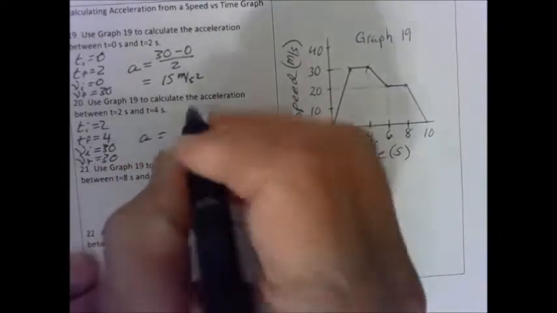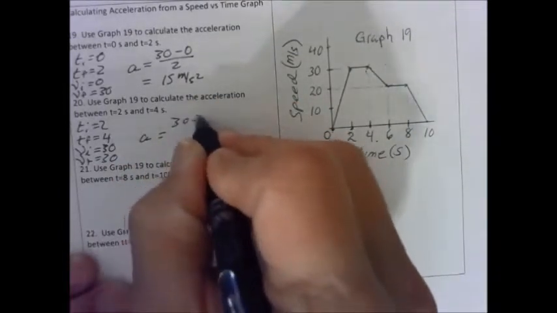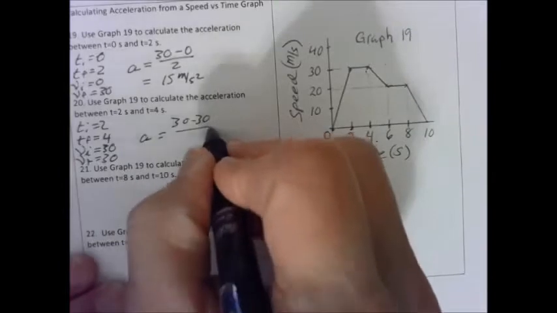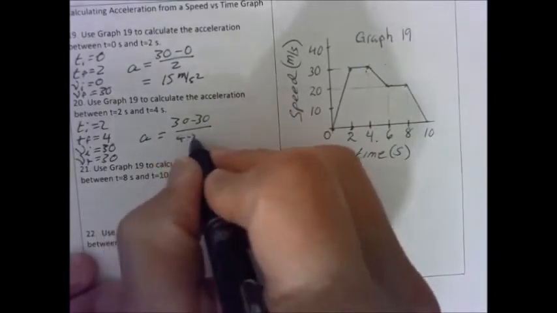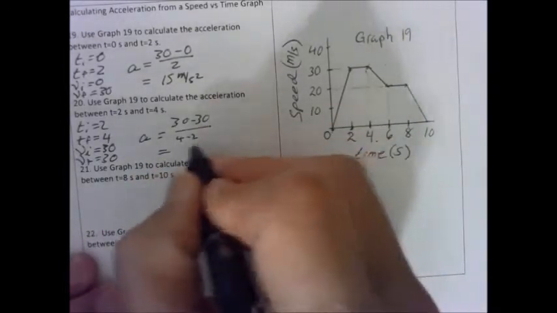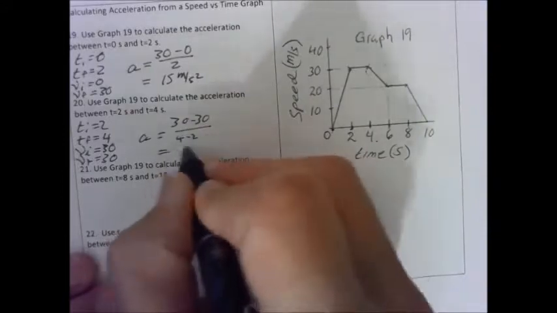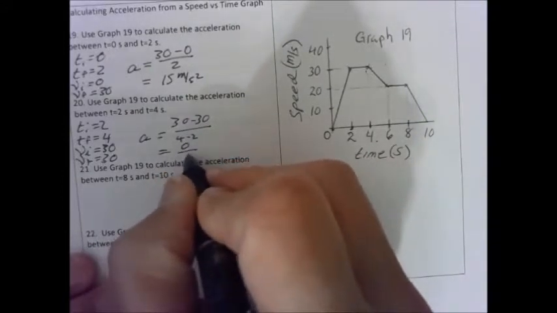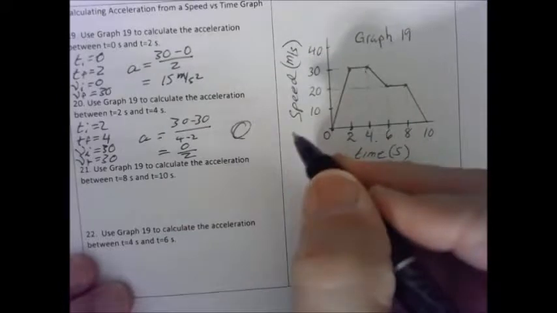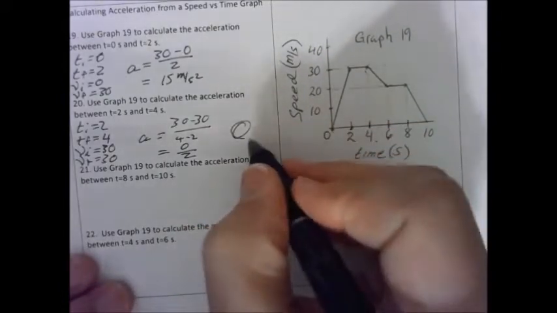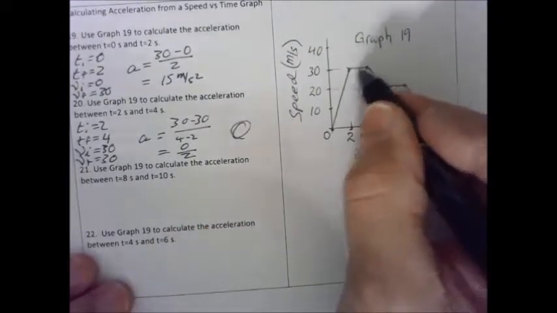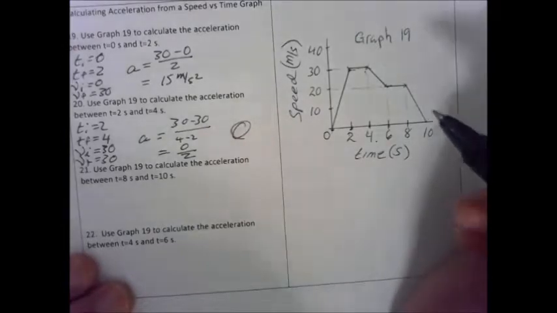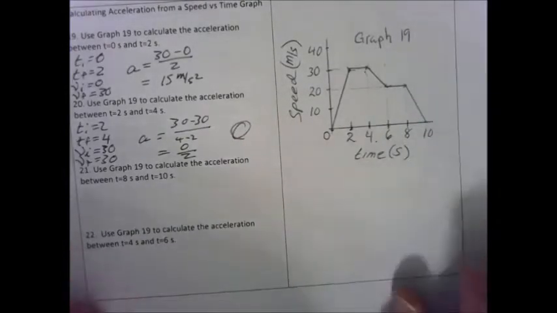So if I plug this into the acceleration equation, I get 30 minus 30 in the numerator divided by 4 minus 2, but that doesn't matter, because my numerator is 0. So 0, well that makes sense. 0 acceleration because, look, I wasn't changing speed in that interval. Okay, so that one was kind of tricky.